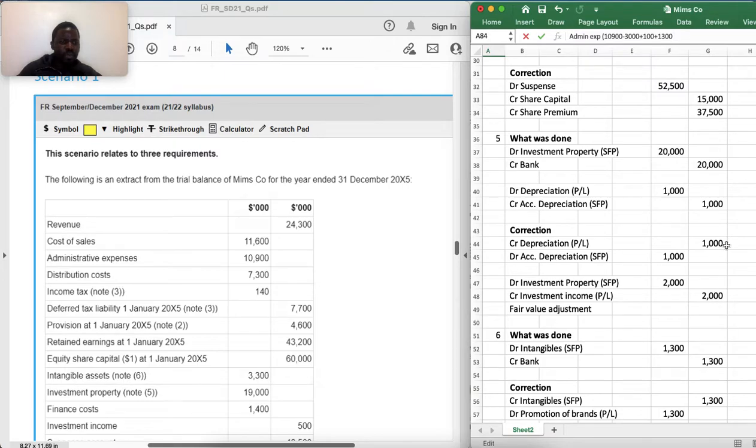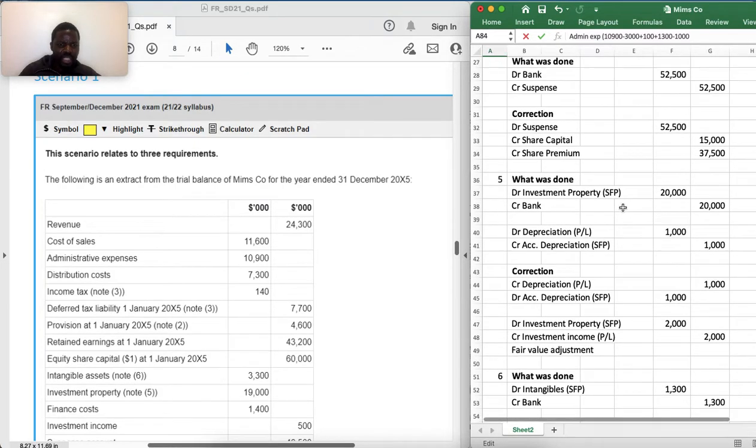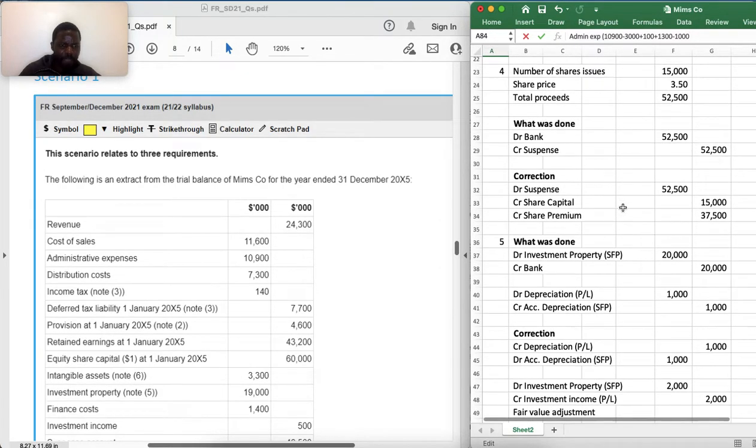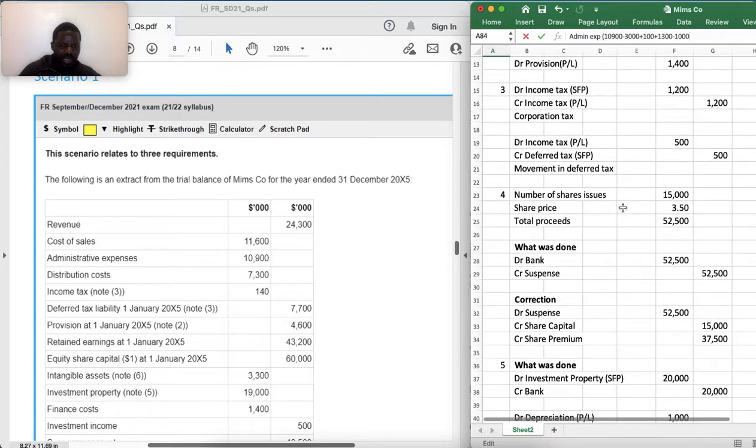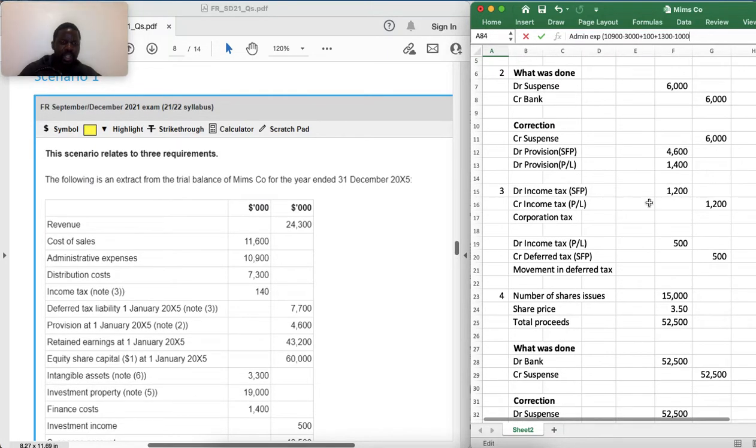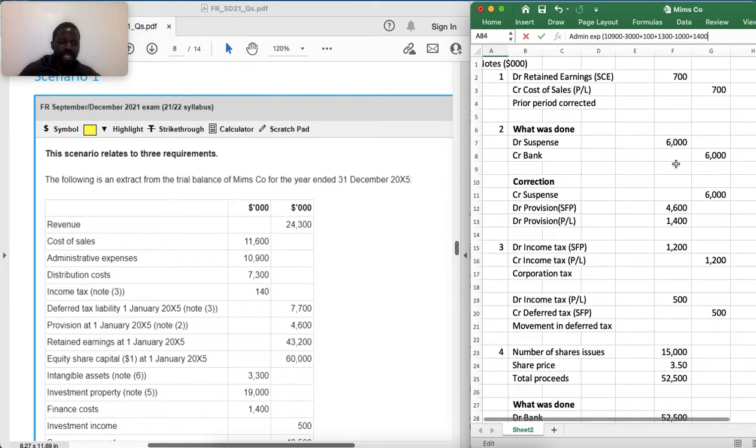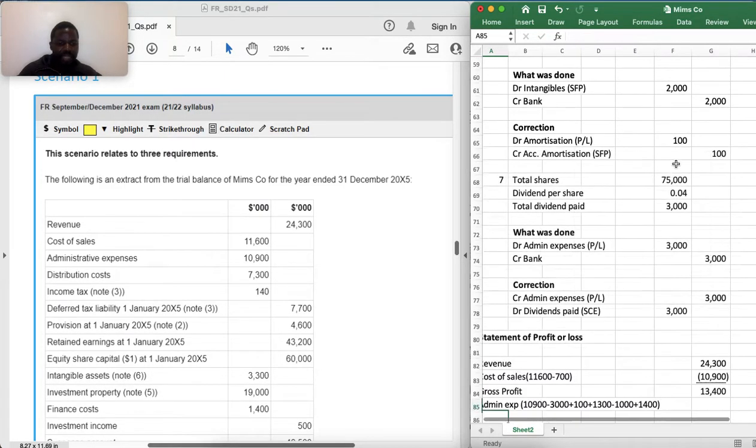Then we say to credit depreciation of 1,000 from admin expenses, as all depreciation goes to admin expenses. Let's go on top. We also have got the provision that was under provided last year in 20x4. We'll add it, we'll debit, we'll add it to admin expenses. Then we are done.